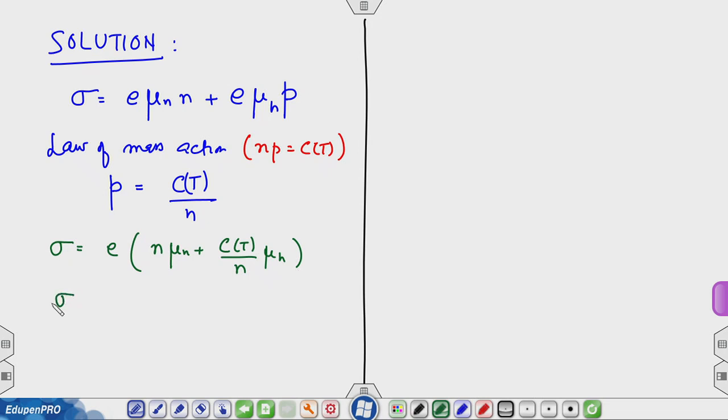So, we say d sigma over dn is equal to 0, and at this value you should have d2 sigma over dn square greater than 0.